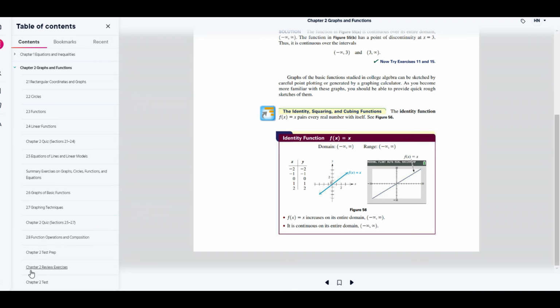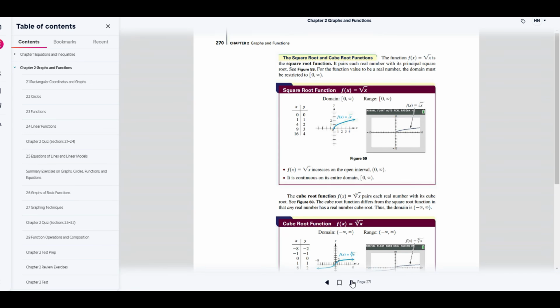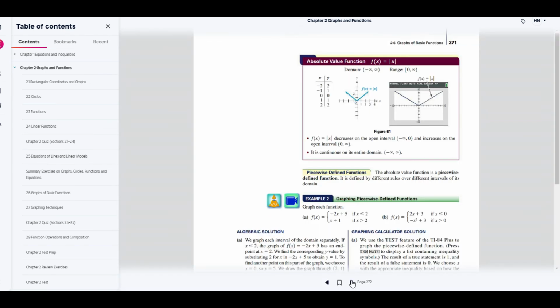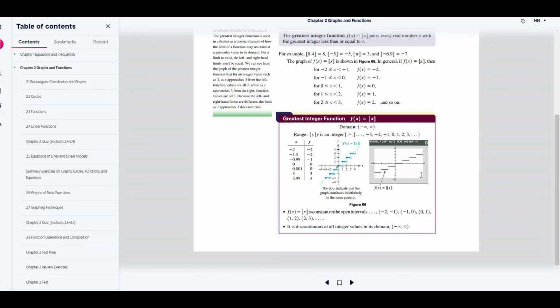Now let's jump to the greatest integer function. So let's see. Over here, it says it's discontinuous on the domain. If you look, it's still continuous on certain parts, but on the whole domain it's not continuous because it's jumping.